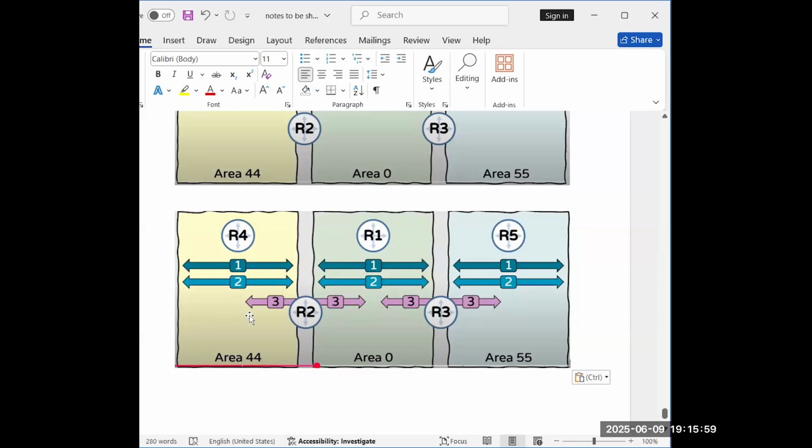So within the OSPF domain, we have type 1, type 2, type 3, intra-area and inter-area, so both work.